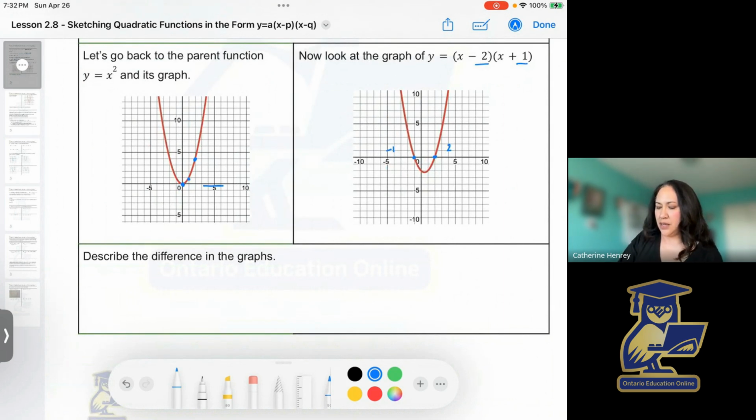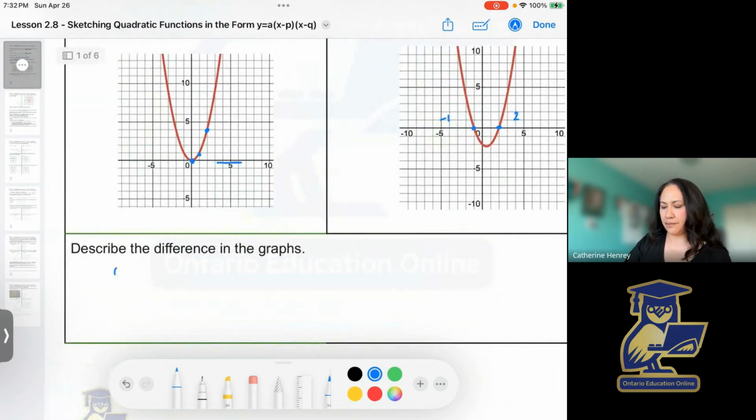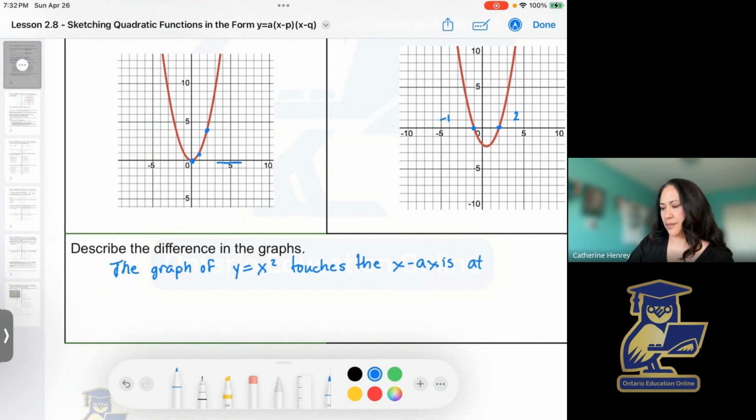So let's write in here. The graph of y equals x squared, which is the parent function, touches the x-axis at 0 only once.